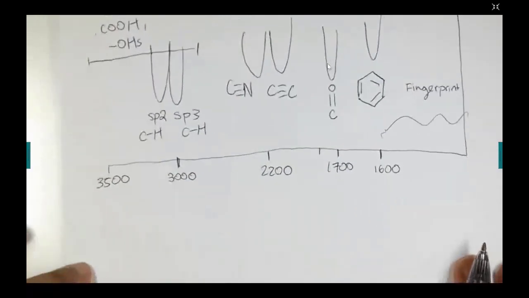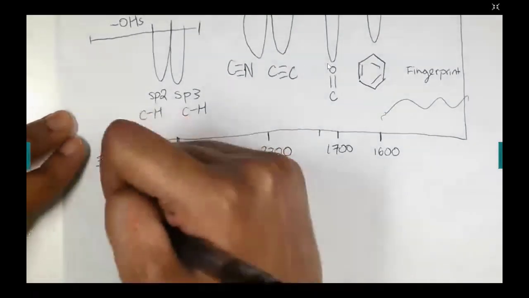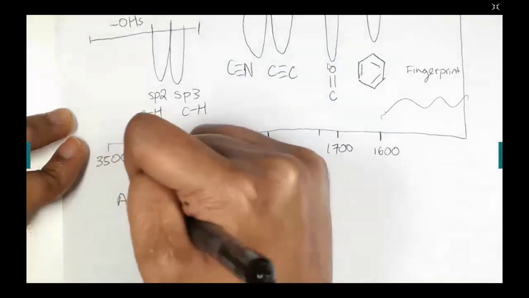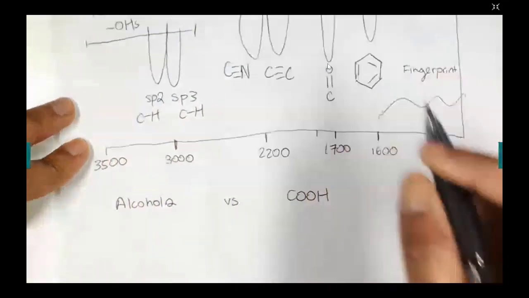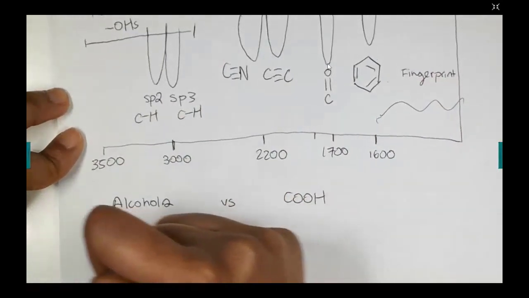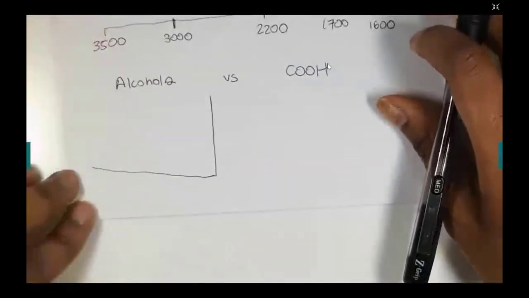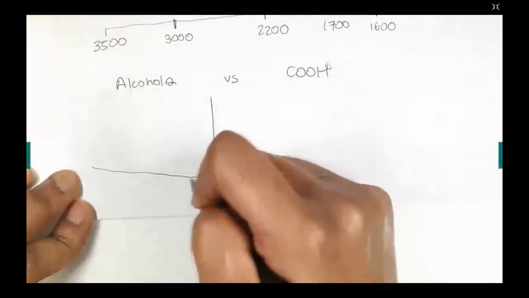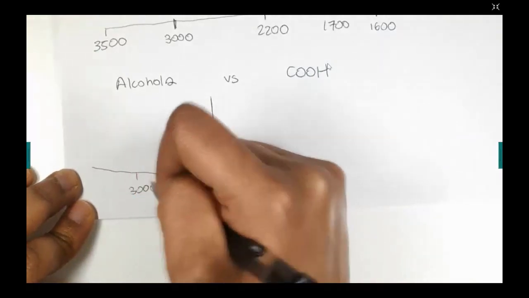We're going to first look at alcohols versus carboxylic acids, which I'm just going to write as COOH. So alcohols tend to have a broad peak between 3000 and 3500.